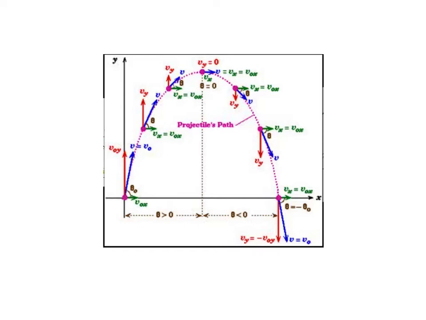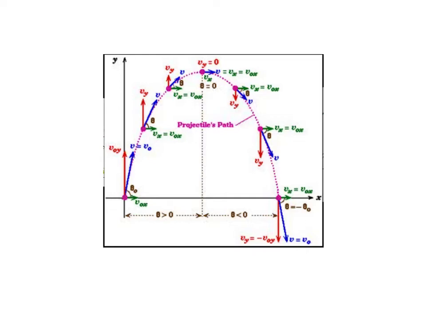What you'll see here is as the object, the ball in this case, is launched upwards, Vx is continuously the same. That is, there's no acceleration in the x direction. But in the y direction, the acceleration is negative 9.8 meters per second squared.